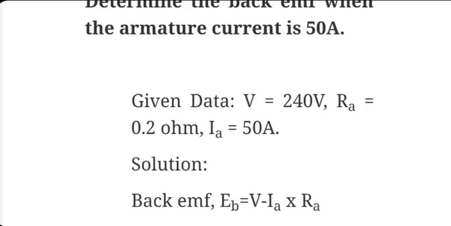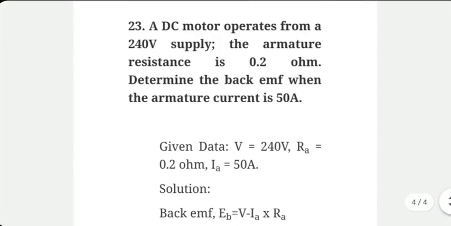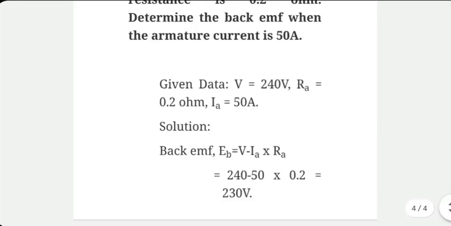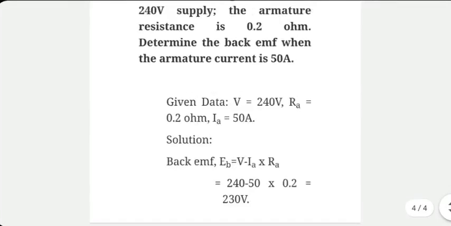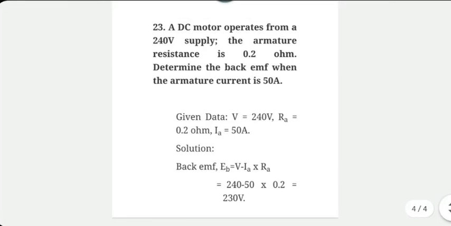So RF is not producing any drop between VT and EB. RF is in parallel with the armature. If it were in series, then that drop would also have occurred in the equation. So assumption is shunt wound or separately excited motor. So the calculation is straightforward. EB is 230 volt. Numbers are there. You can verify the calculations. Okay.